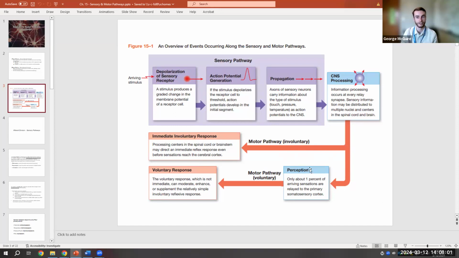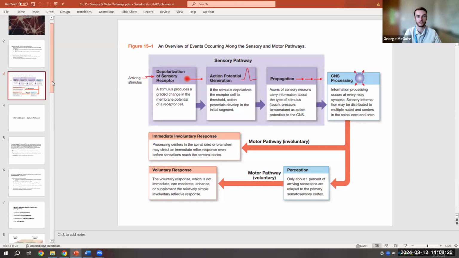On average, about 1% of our sensory information is actually making it to our conscious awareness. We are only perceiving 1% of the sensory information that our body is experiencing at all times. So most of our responses and our sensation is involuntary. Very, very few of them are going to produce a voluntary response that you are aware of.